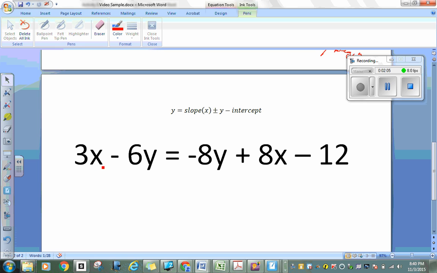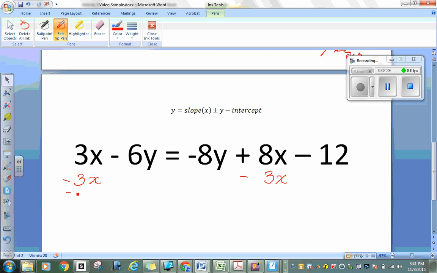This is an x. How do I get rid of a positive 3x? By doing the inverse operation and taking away 3x. If I take away 3x here, I will drop it down to where there's also the same variable.